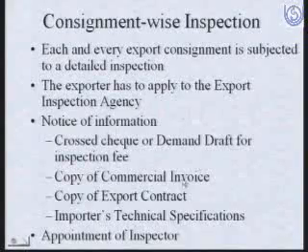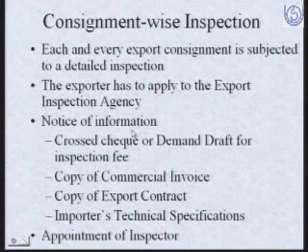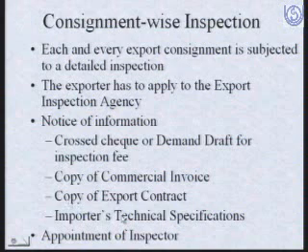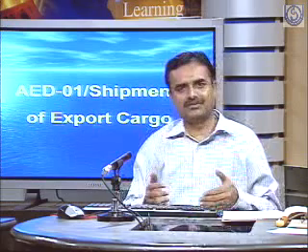With all these documents along with the notice of information, you need to submit it to the export inspection agency, and when the agency goes through it, it appoints an inspector. The inspector visits your premises and inspects every consignment.